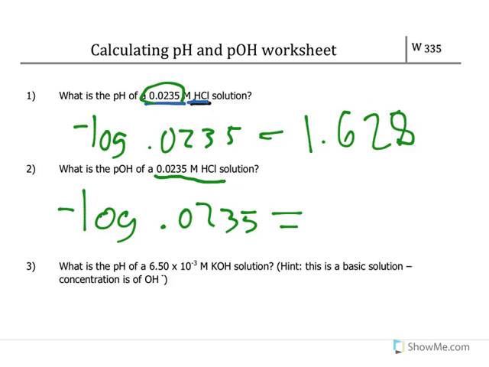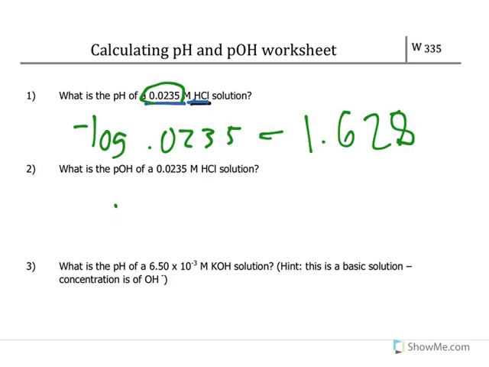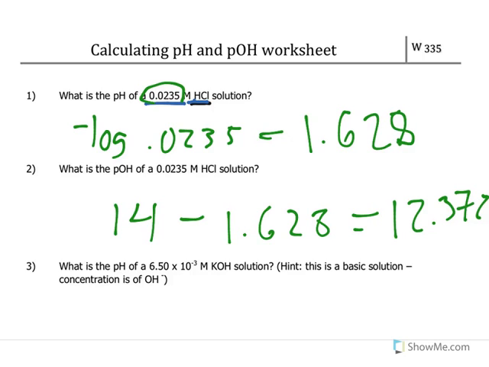So to switch from pH to pOH, we're going to go back, just get rid of those because we already know what that is. To switch from pH to pOH, we're going to do 14 minus 1.628, which will give us 12.372. So in this case, we had to do the 14 minus because we did not have the OH minus concentration.